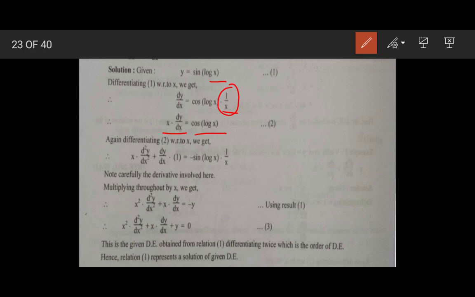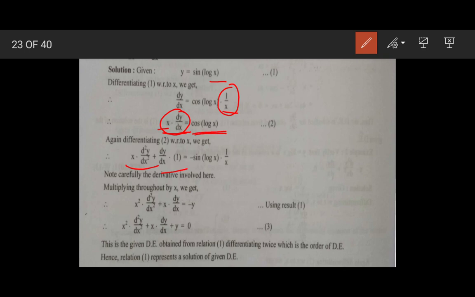Now differentiating with respect to x, here again I have to apply the u into v rule, so x into derivative of dy upon dx, so that will be d2y upon dx square plus dy upon dx into derivative of x. Derivative of x is 1, that is equal to derivative of cos log x.